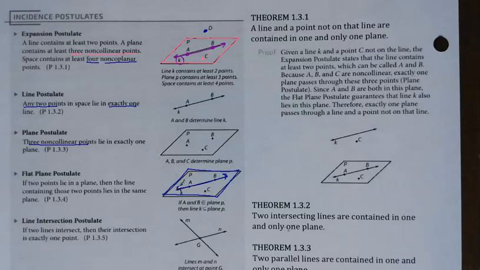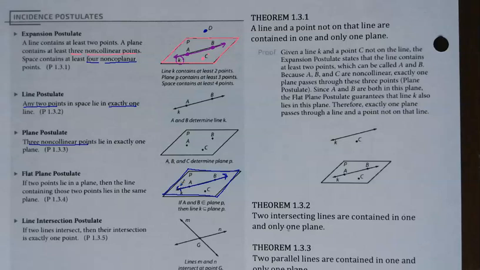Well, it's like, well, duh. That's the thing about postulates and some theorems, but postulates especially, you're like, well, duh. I know this. You don't have to explain this to me. But that's what geometry is about. It explains everything.